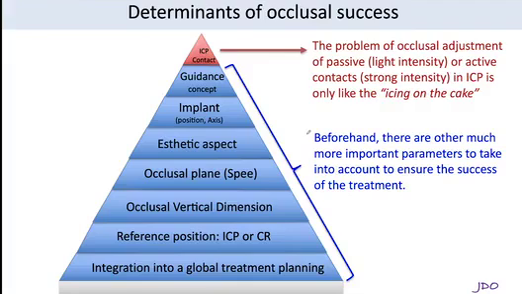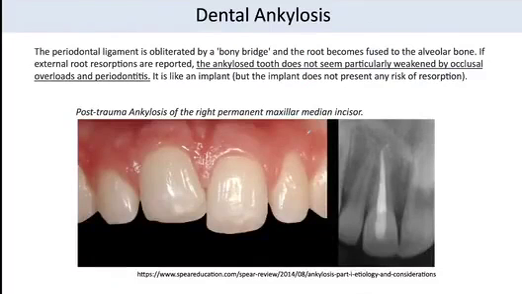First, implant is like a dental ankylosis. And when you observe some natural teeth with an ankylosed process, it is rare, not very frequent, to have a periodontal problem on these teeth. It is just a clinical feeling that I have.